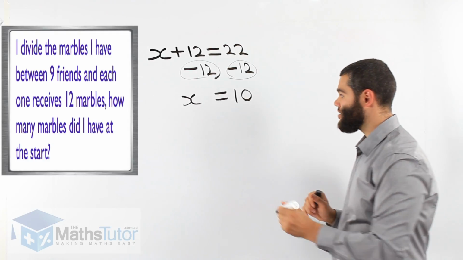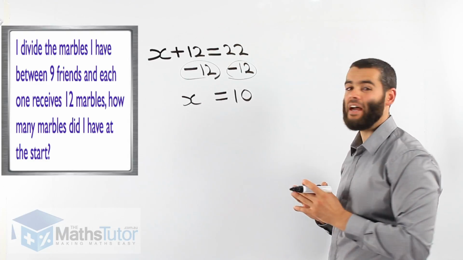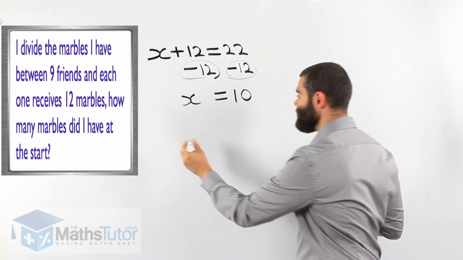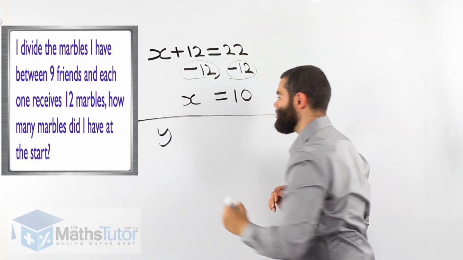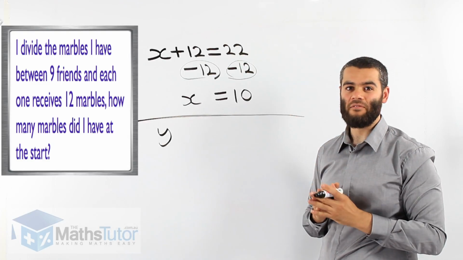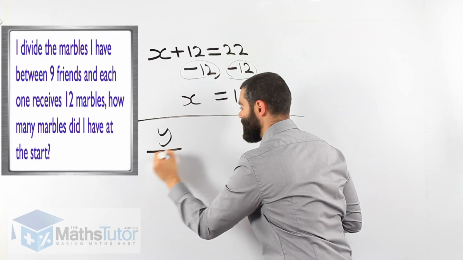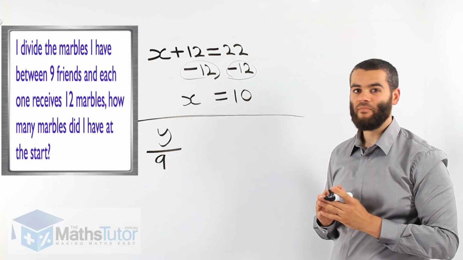Okay, let's put y as our total number of marbles that I had at the start. Y is the total marbles I have. I'm going to divide it between 9 of my friends. Y divided by 9.